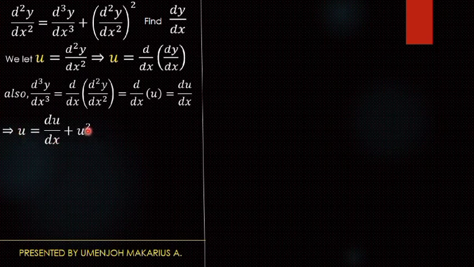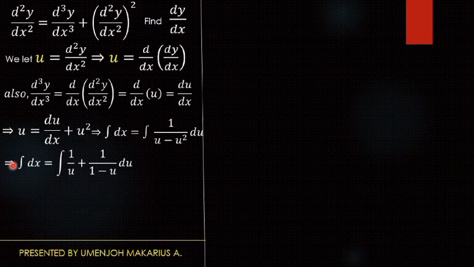If we bring this u squared to the left hand side, multiply all by dx to separate the variables, and integrate both sides, we are simply going to have the integral of dx being the same as the integral of 1 over u squared minus u. Now if we express in partial fractions, we are going to have the integral of dx, which is the same as the integral of 1 over u plus 1 over 1 minus u du, all that in an integral.